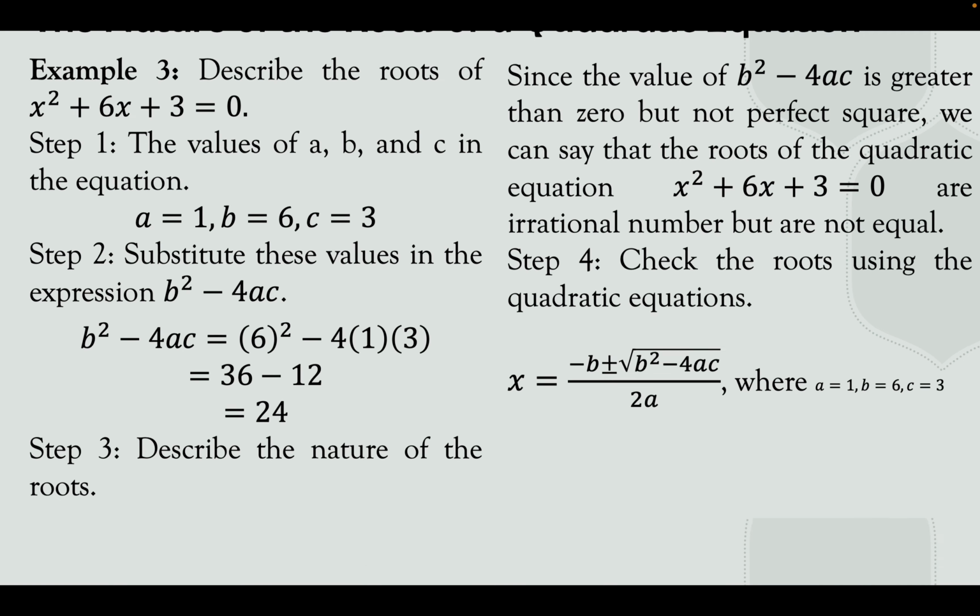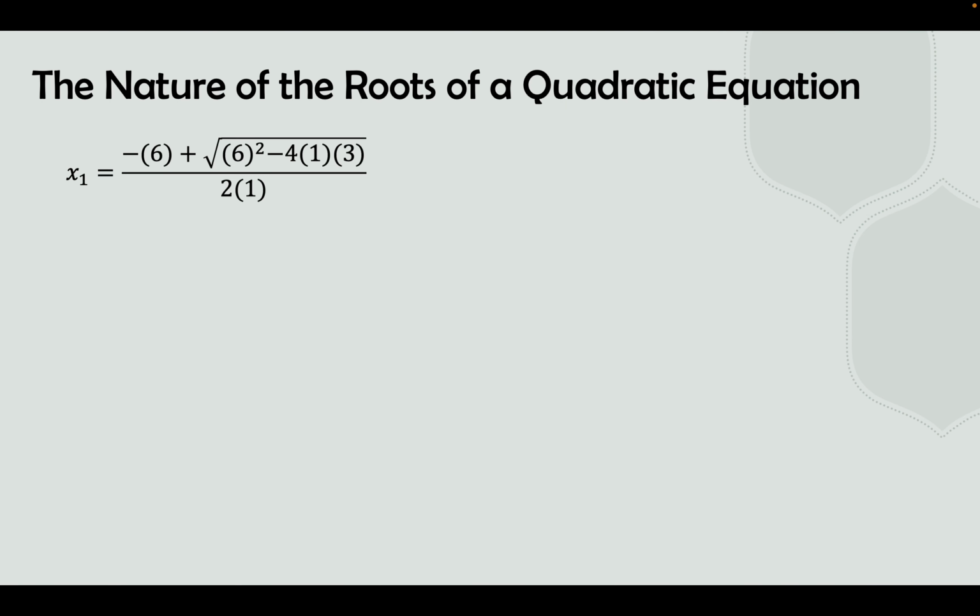So substitute the given. Our x sub 1 is negative 6 plus square root of 6 squared minus 4 times 1 times 3 over 2 times 1. So we have negative 6 plus square root of 36 minus 12 over 2. So we have negative 6 plus square root of 24 over 2.